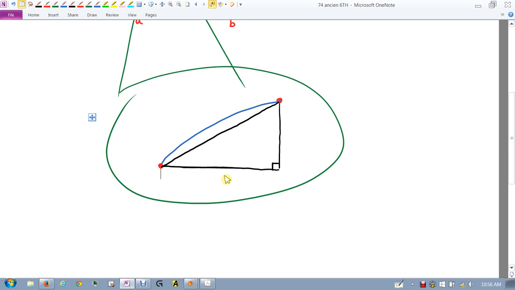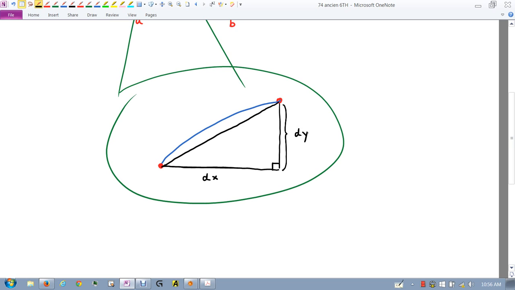But in the infinitesimal, the change in x is called what? dx. And here would be what? The change in y, right? Change in y. So the length of that hypotenuse there would be what?